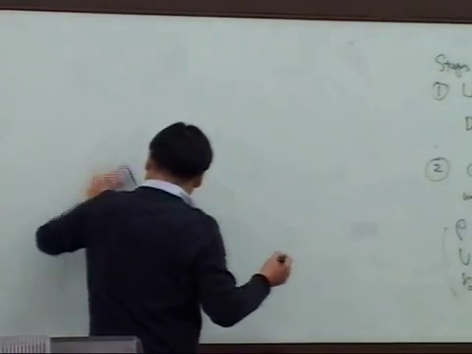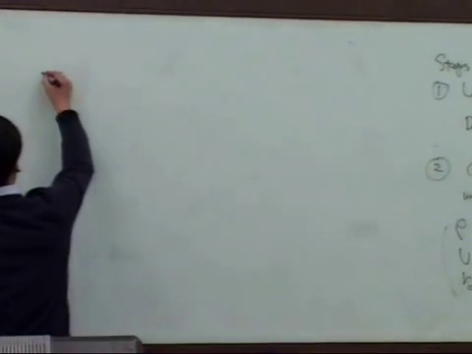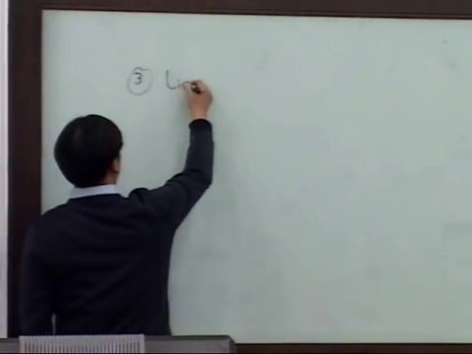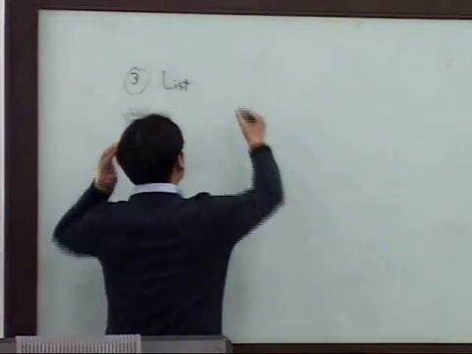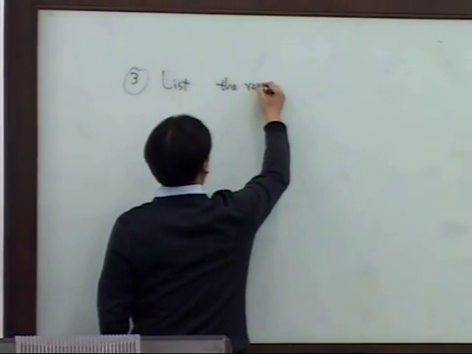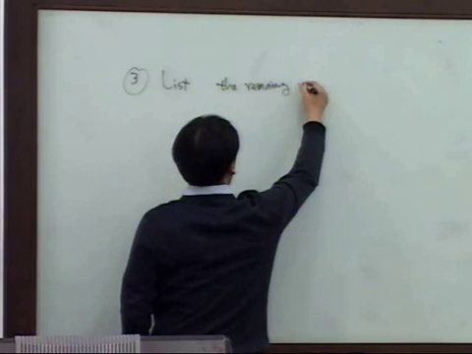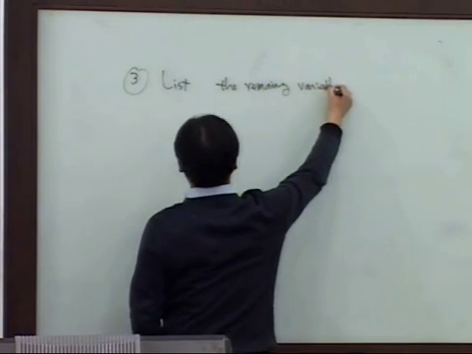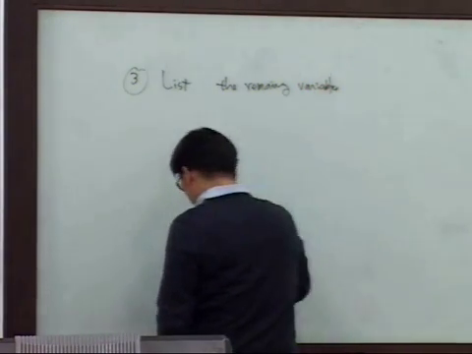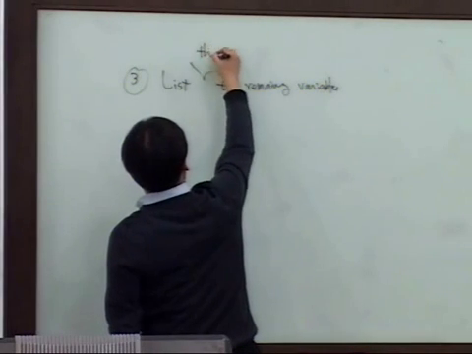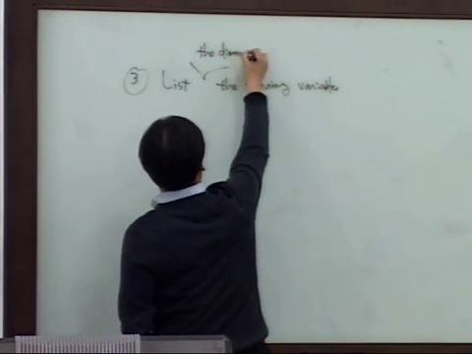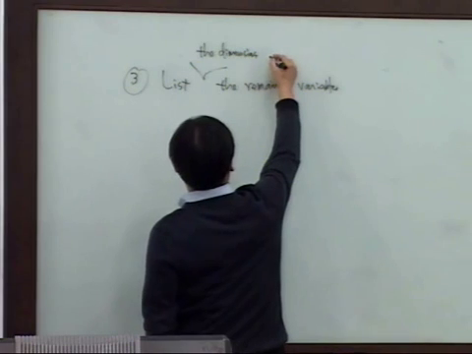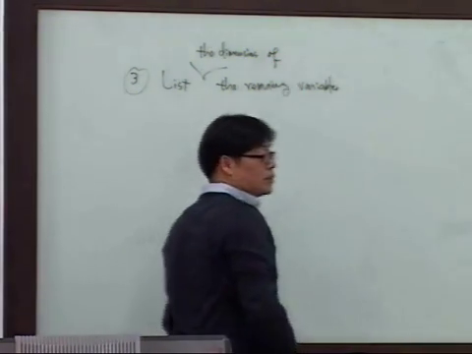Then the third step is to list the dimensions of the remaining variables.